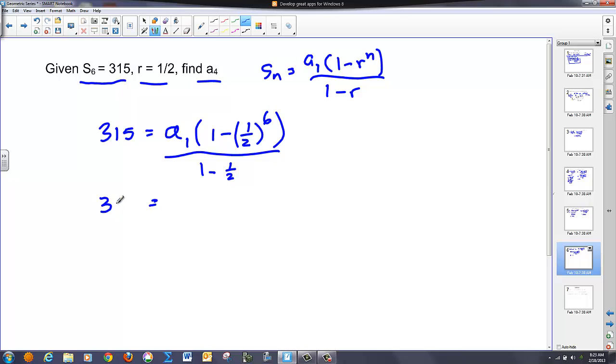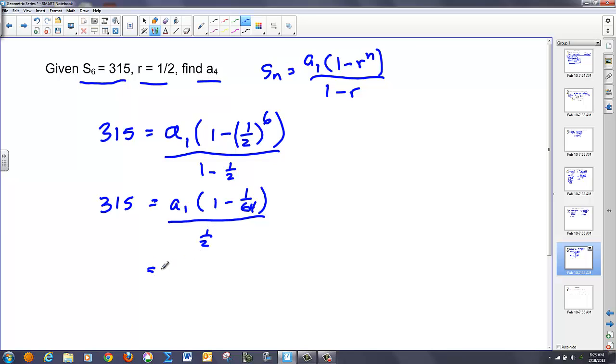So in doing some calculations, I get the first term times 1 minus a half to the 6th power is 1/64 over a half. So, going to simplify just a little bit.